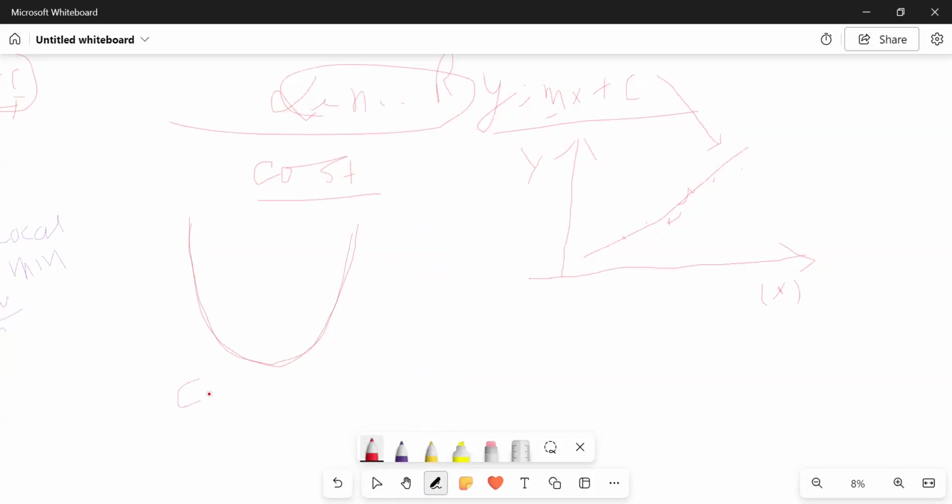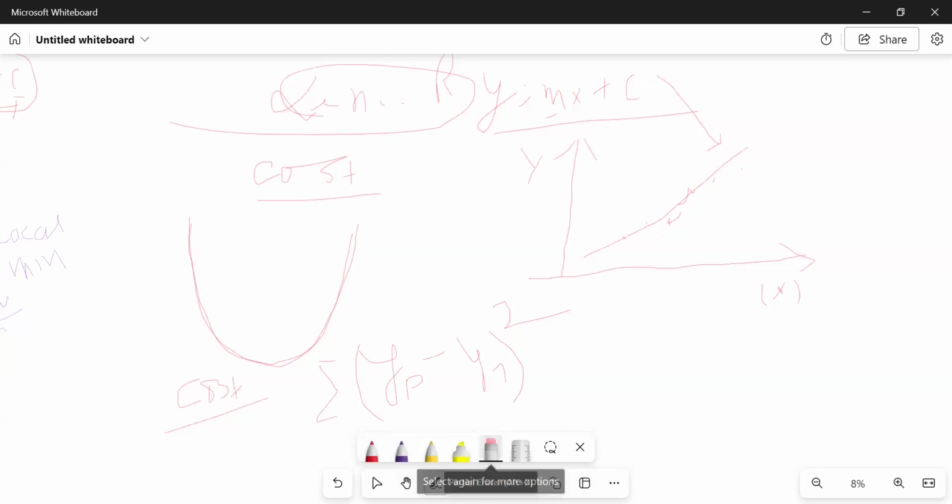This is not the linear regression graph. It's the cost function graph, which is y predicted minus y actual, MSE, mean squared error, the squared summation. So the MSE graph is nothing but your cost function, which is a parabola. Clear? Yes. Okay.